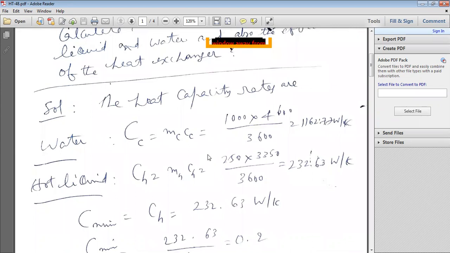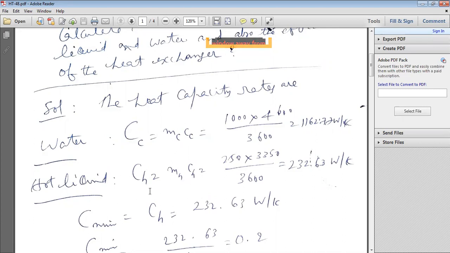First we have to calculate the heat capacity, capital C, H for the hot fluid. So the heat capacity of the hot fluid, capital CH. How do you calculate heat capacity? Mass flow rate into specific heat: M dot H into small ch. M dot H is the mass flow rate of the hot fluid, small ch is the specific heat of the hot fluid.